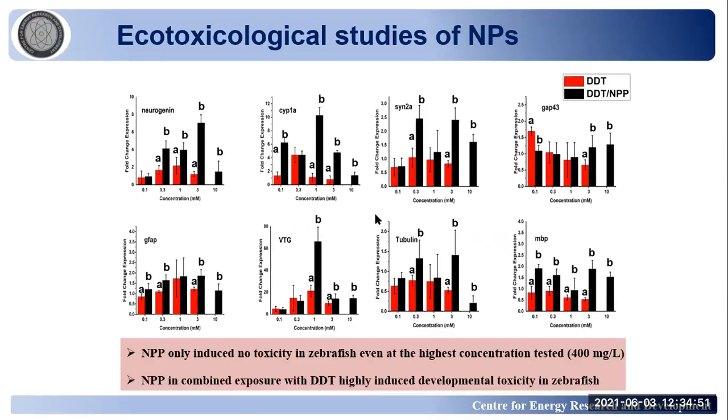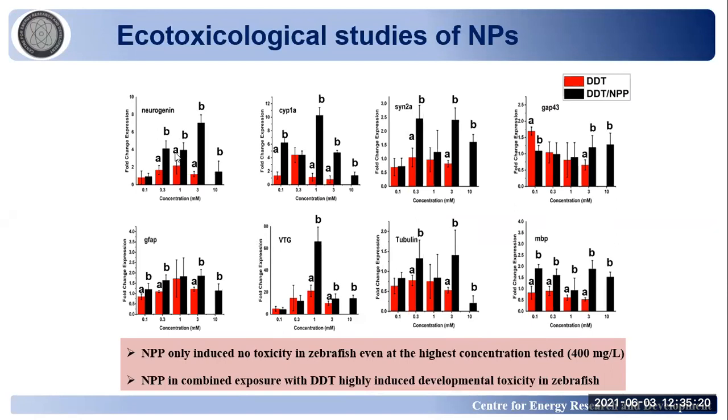And lastly, we look at the genes that are responsible for neurotoxicity and also hepatotoxicity. That's for liver activity, which is more of metabolic activity of the larvae. And we also look at the ones that are responsible for the reproductive effect. That's the vitellogenin gene, which is estrogen disruption.